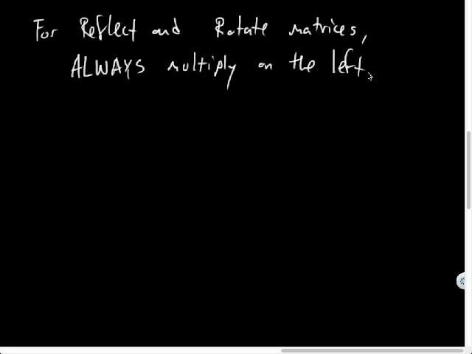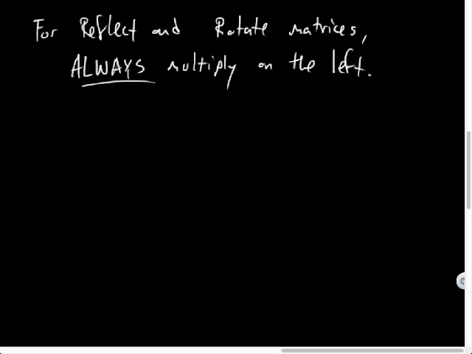Most of the time it wouldn't be a problem, but if you happen to have a square matrix where you're just reflecting a line segment of 2 points or rotating a line segment, maybe it's not blatantly obvious. So that's worth pointing out.